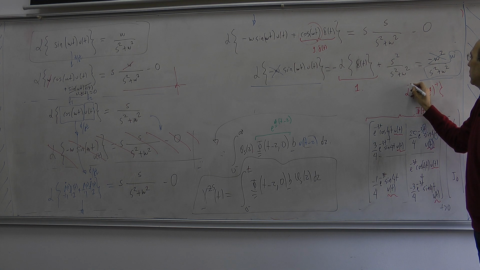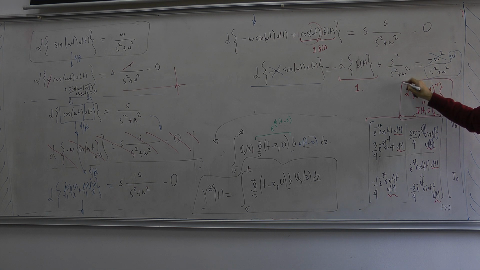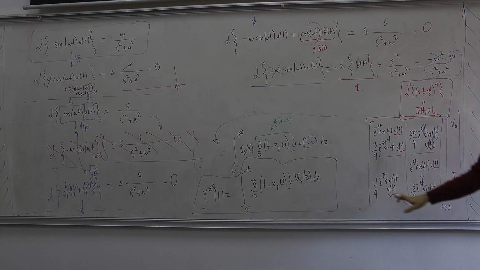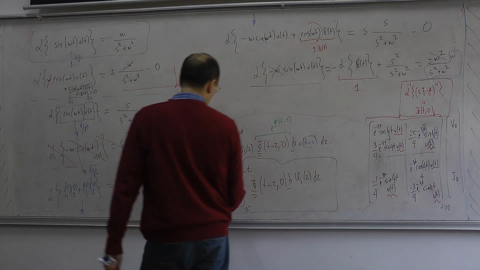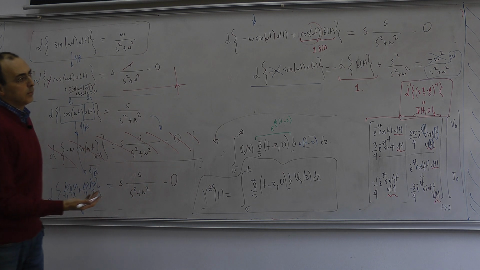This is my preferred state transition matrix calculation via Laplace transform. So sI minus A is the matrix coming up in the solution of the state equation system. Its inverse is calculated, and then you take the inverse Laplace transform of the entries of this matrix, and you get the state transition matrix. Once you have the state transition matrix, you get the zero input solution.